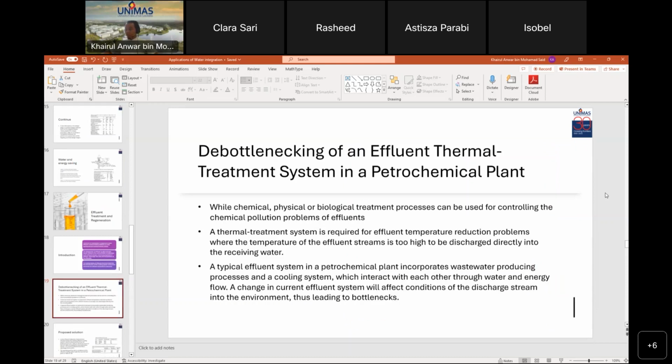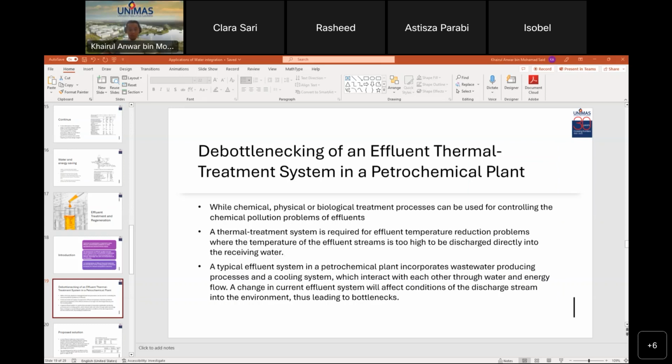Debottlenecking of effluent. While chemical, physical, medical treatment processes can be used for controlling the chemical pollution problem of effluent, a thermal treatment system is required for effluent temperature reduction problem where the temperature of the effluent stream is too high to be discharged directly into the receiving water.